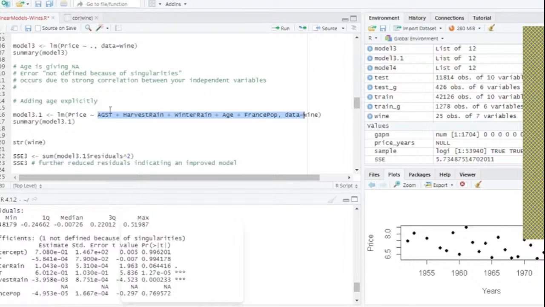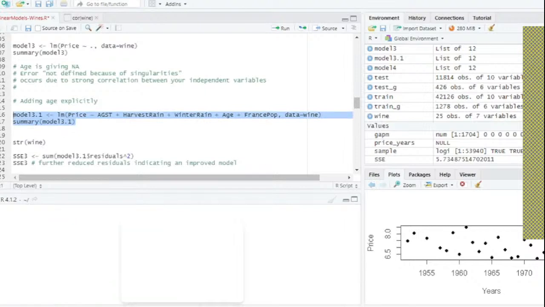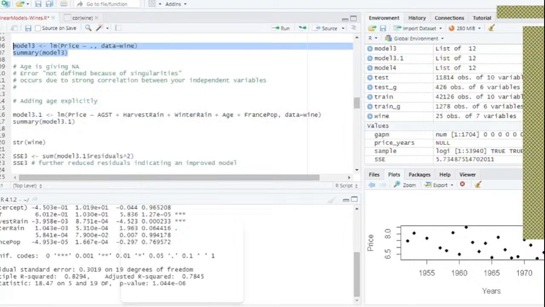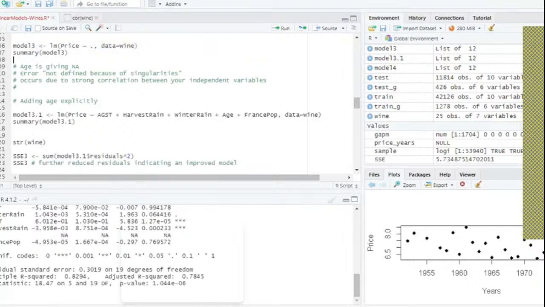Now when I run this model 3.1, please run line number 116 and 117. NA is gone because I have explicitly mentioned age.